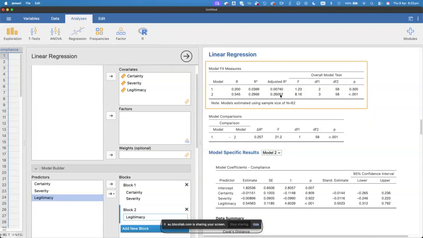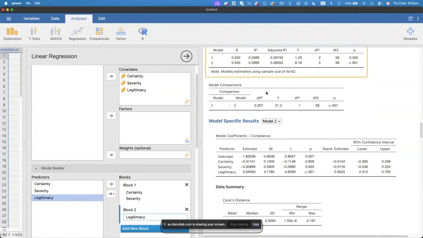Technically you're right, that's 0.52, but that's the adjusted R squared for the population. That's the amount of variance accounted for in the population for compliance. But in our sample, it's 0.29. So it depends if you're reporting adjusted or R squared. One's for the population, this one's for the sample, saying 29.69% of variance in our sample is accounted for.